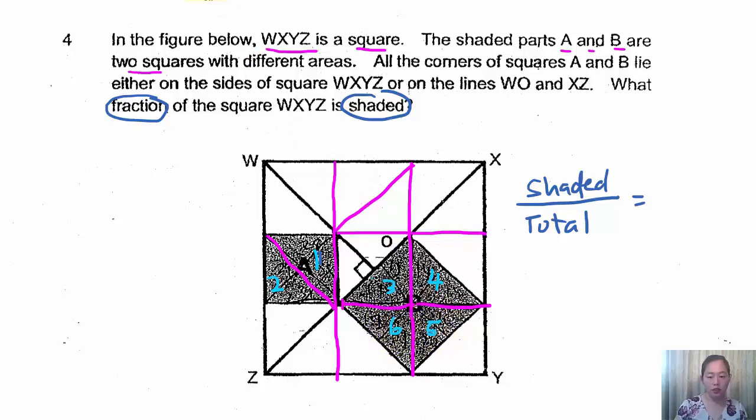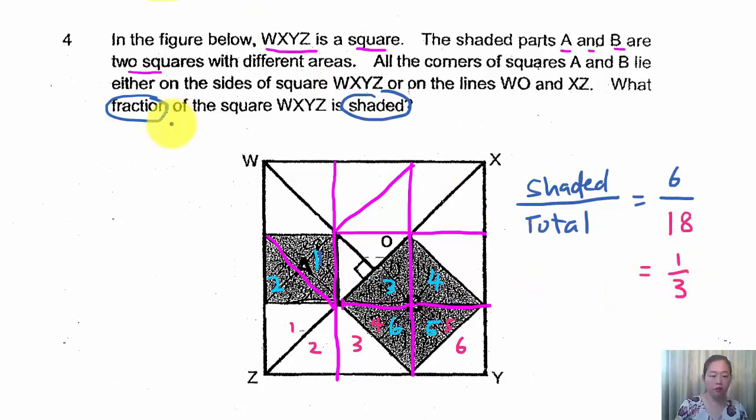So this is actually 6 over the total, which will be 1, 2, 3, 4, 5, 6. So we have 6 here, we have another 6 here, and finally 6 here. So total is actually 18. So when we reduce this, it will become 1/3.